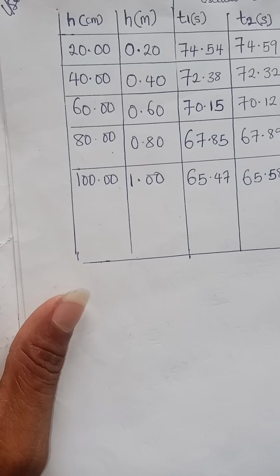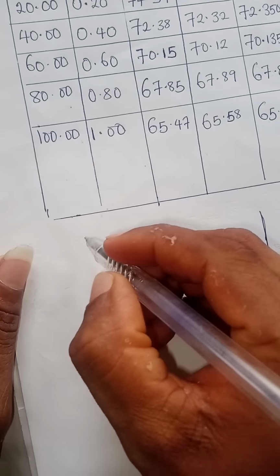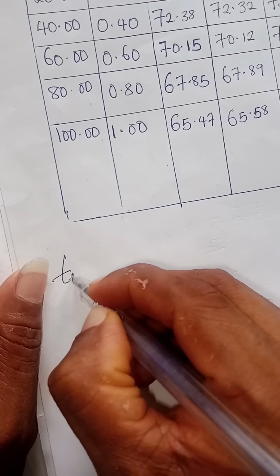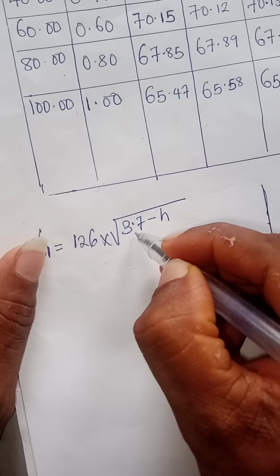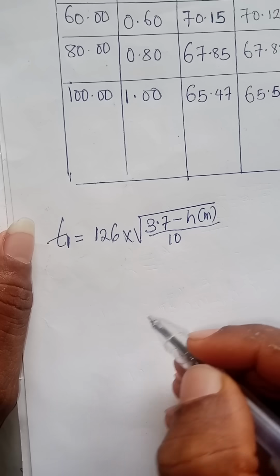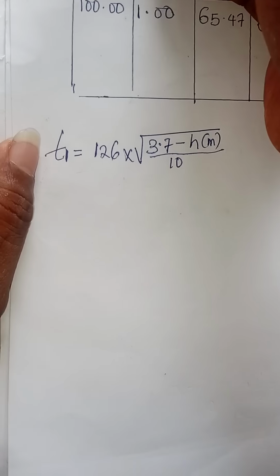But one might ask, how did I get this? Okay? One may decide to ask that question. You can get this from this particular formula: T1 is equal to 126 times square root of (3.7 minus h in meter) all over 10. This is the formula I will use if I want to get this reading without performing the experiment.